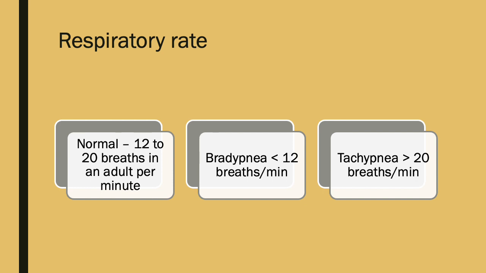And this may be a sign of respiratory depression, which may be a side effect of medication or may signal an underlying disease. If the respiratory rate is more than 20, we call this tachypnea, and it may be a sign of respiratory distress, such as when a patient is having an acute asthma exacerbation, a COPD exacerbation, or other acute problems causing difficulty breathing.